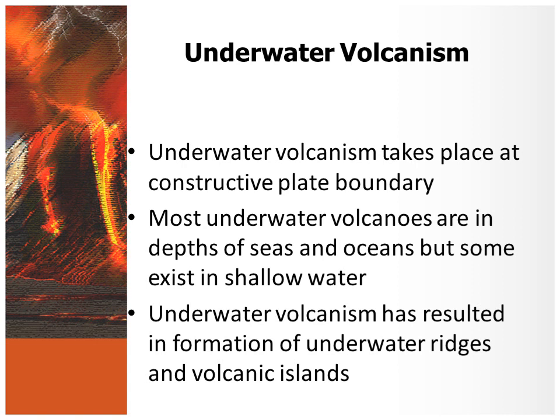Number two, most underwater volcanoes are in seas and oceans, that is deep water, but some exist in shallow water, that means where the water is not very deep. Third characteristic is that underwater volcanism has resulted in the formation of underwater ridges, that is mountain ranges, and volcanic islands.